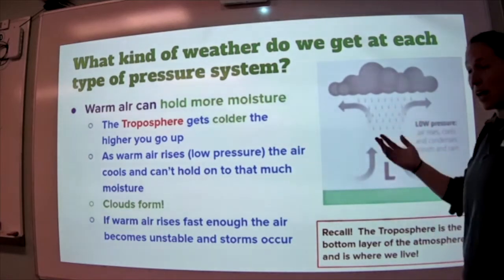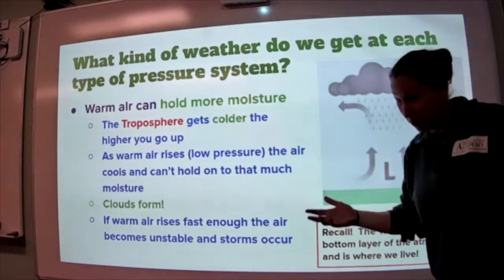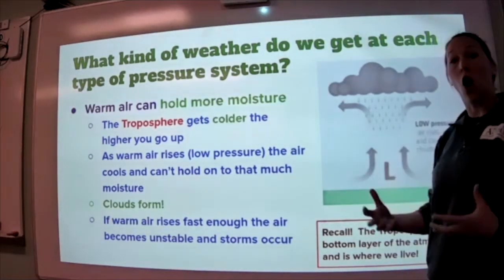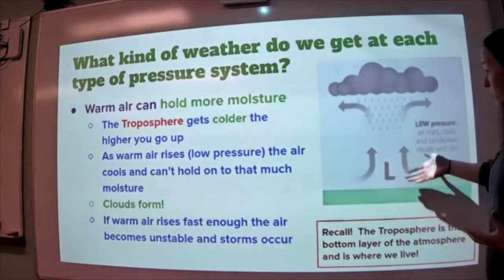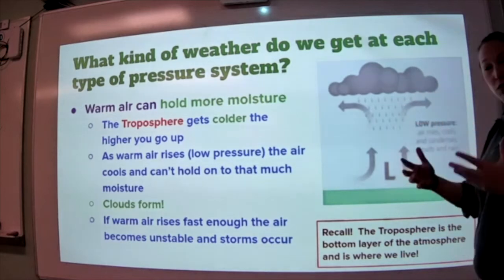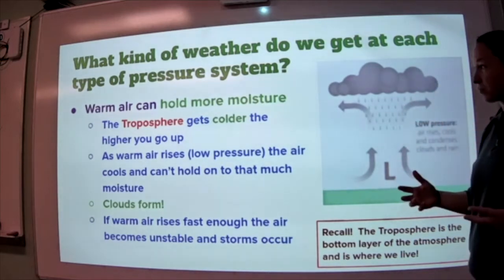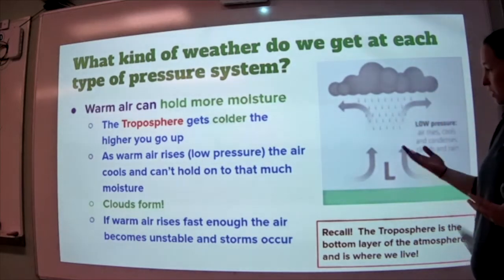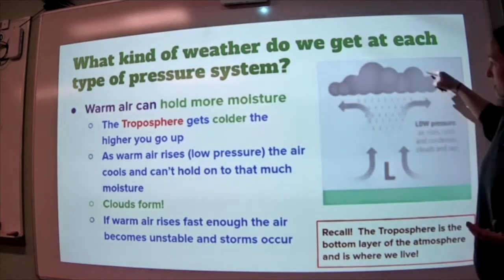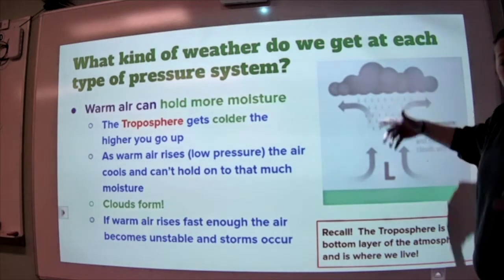So even though it's our hot air that's rising, it sounds pretty neat, that's actually where we get our most inclement weather or our harshest weather. The faster this air rises, the more dangerous the weather is because it makes for a really unstable atmosphere. So low pressure systems, we got hot air rising. As it rises, it cools, causing clouds and storms.